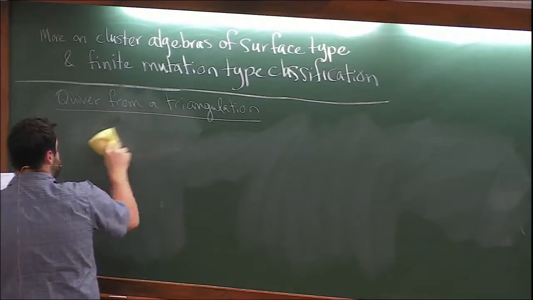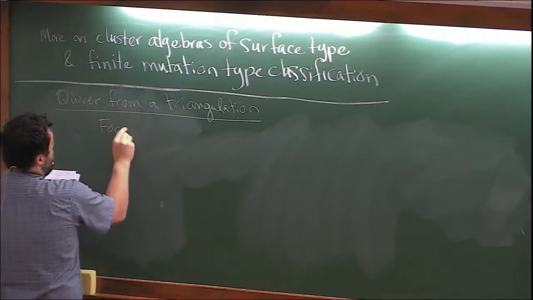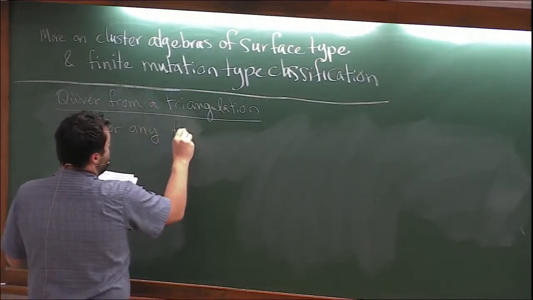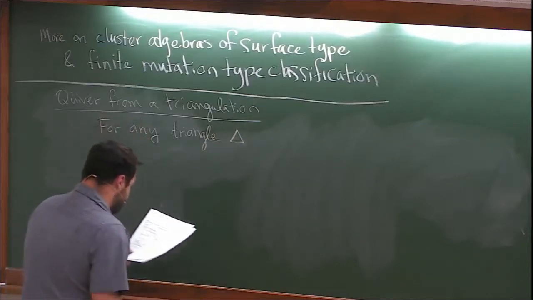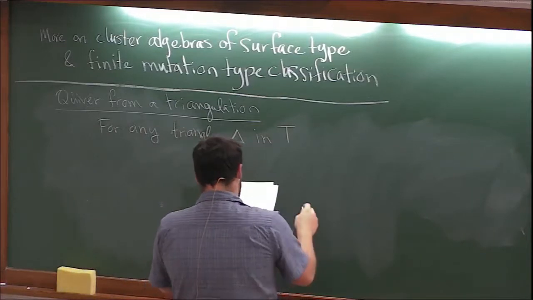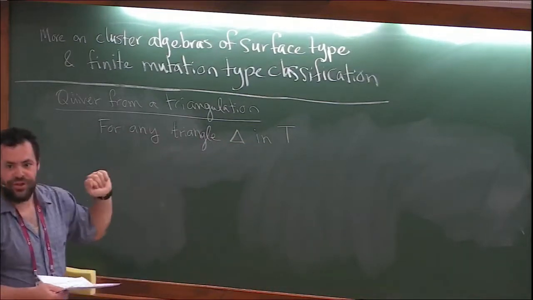So for any triangle, I'll denote it like this, inside my triangulation. I want this triangle to be not a self-folded triangle.